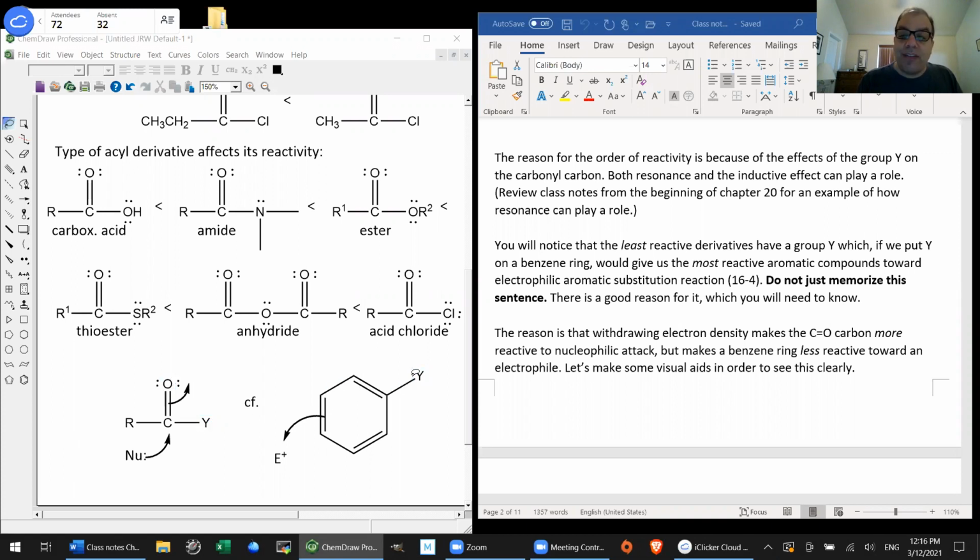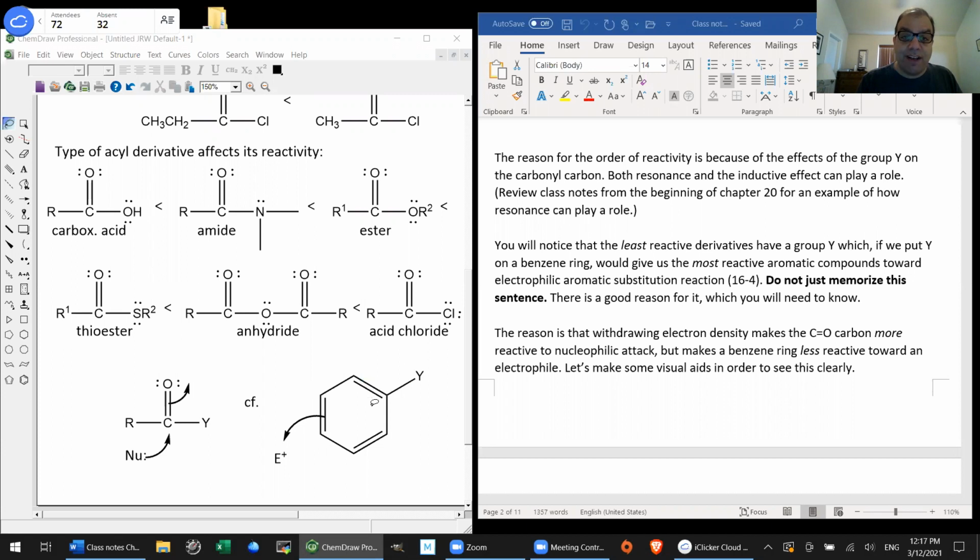Meanwhile, if we consider that same group Y attached to a benzene ring, and we look at electrophilic aromatic substitution reactions, here we're expecting the organic substrate to do exactly the opposite thing. Here, our organic substrate is not reacting with a nucleophile, it's reacting with an electrophile. The nucleophile is the aromatic ring. So no wonder the effect of Y is going to be roughly backwards.